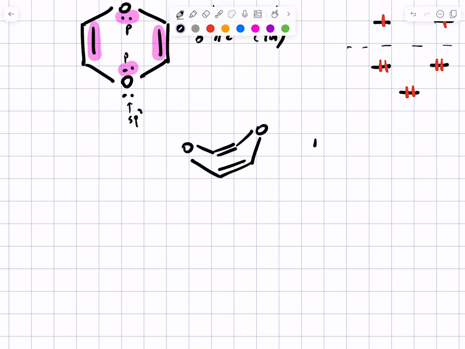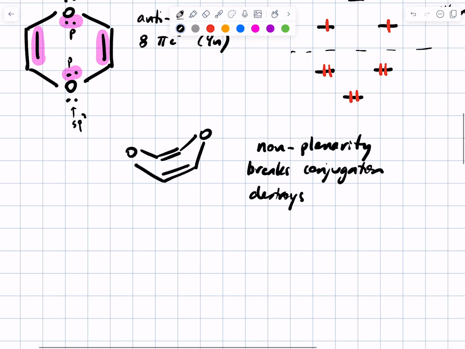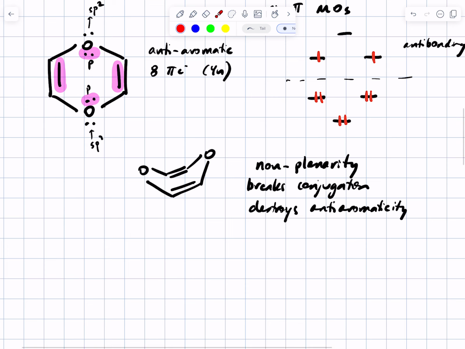That non-planarity breaks conjugation and destroys anti-aromaticity. So in reality, what I'm telling you is those oxygens probably, rather than being sp2 hybridized, rehybridize as sp3 so that they can avoid anti-aromaticity.